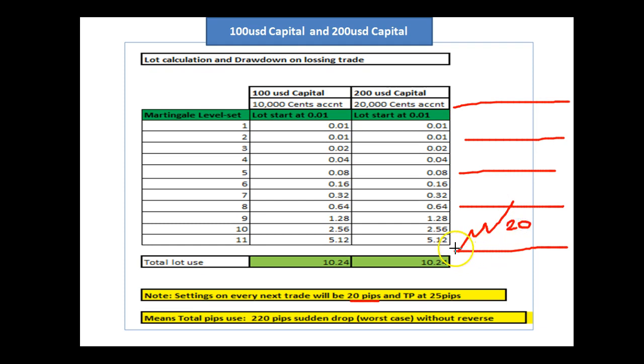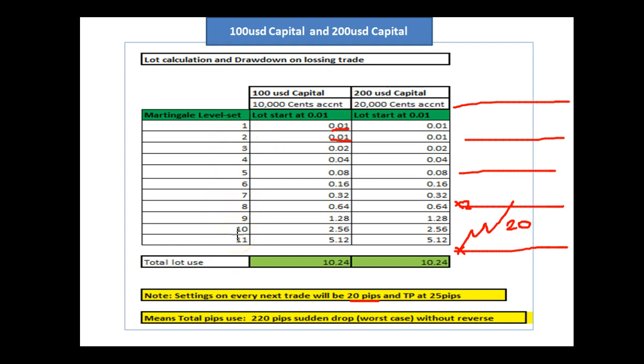This is your X1, trade 1, and this is your X2. The next trade of our EA will start with 0.01, and the next starts with 0.01 again. The reason is that we want to save more lot size, I mean, we want to save more levels.